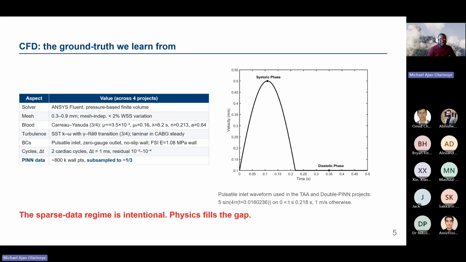You need to understand the turbulence, the boundary conditions, and what cardiac cycle each of the states is in. Now, the data produced usually has about 800 wall points, and the data tells quite a lot of story for us to then be able to use in modeling.